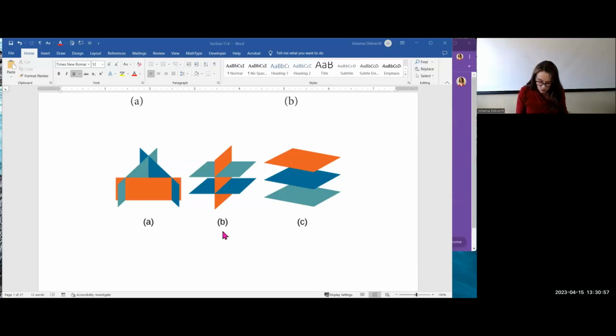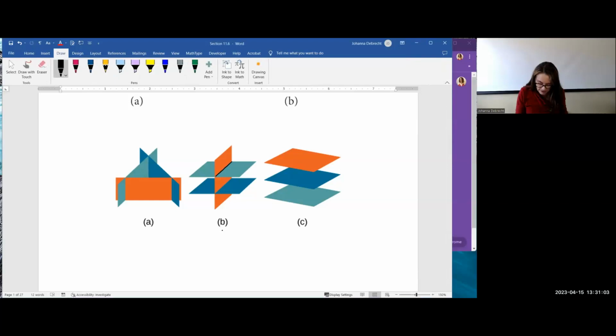So if I'm looking at the orange wall, call it a vertical wall, and it comes down and it does intersect this turquoise one at this line right here. And it does intersect, and I need a brighter color, this blue line down here, but it's not intersecting all three at the same time, and that's a problem.